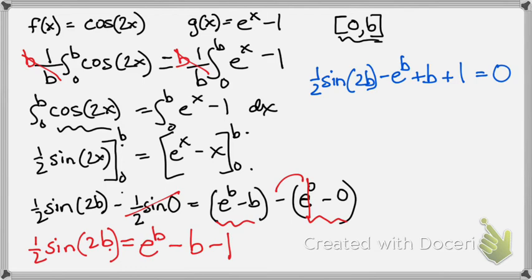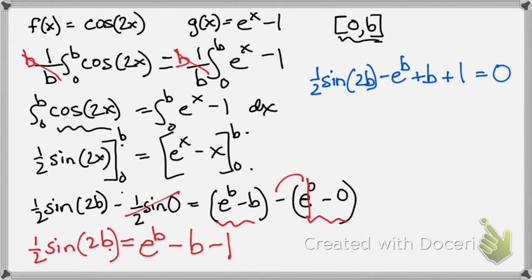Okay, so I've set it equal to 0. I'm now plugging the entire left side into my calculator like I'm going to graph it, but instead of typing b's, I'm typing x's. So 1/2 sine of 2x minus e to the x plus x plus 1. Graph it, and I'm looking for when the graph has a height of 0, so I'm looking for the x-intercepts.